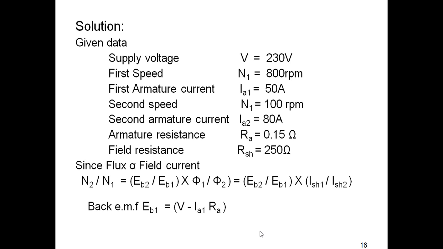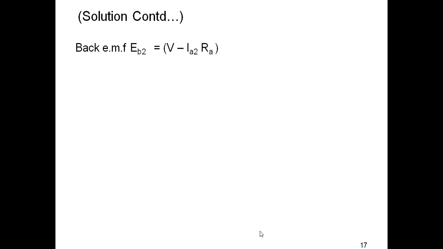On substituting those values, we get 230 minus 50 into 0.15, which is equal to 222.5 volts.